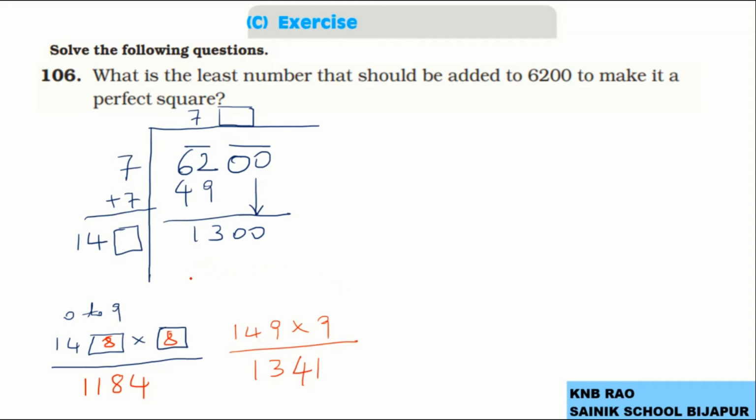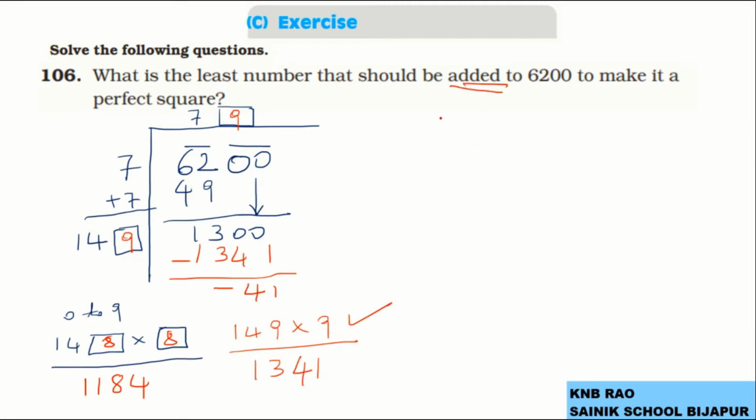If I choose this one, that is choosing 9 as the digit, it gives me a negative difference, and it tells us how much is to be added.